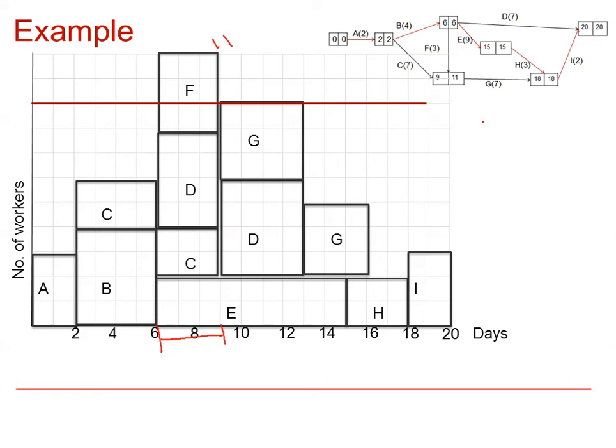Again, we need to list our activities that happen on these 3 days. So that's C, D, E and F. And then we need to work out the float for each activity. So for C, we've got 11, take 7, take 2, which is 2.